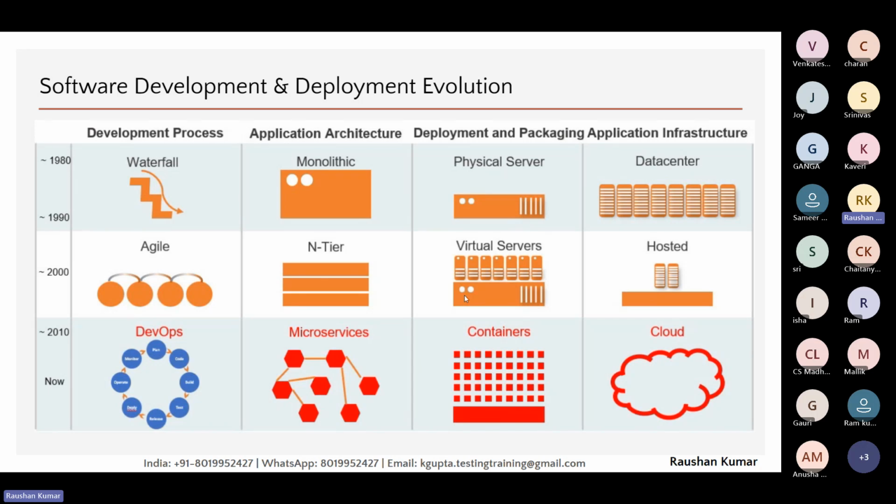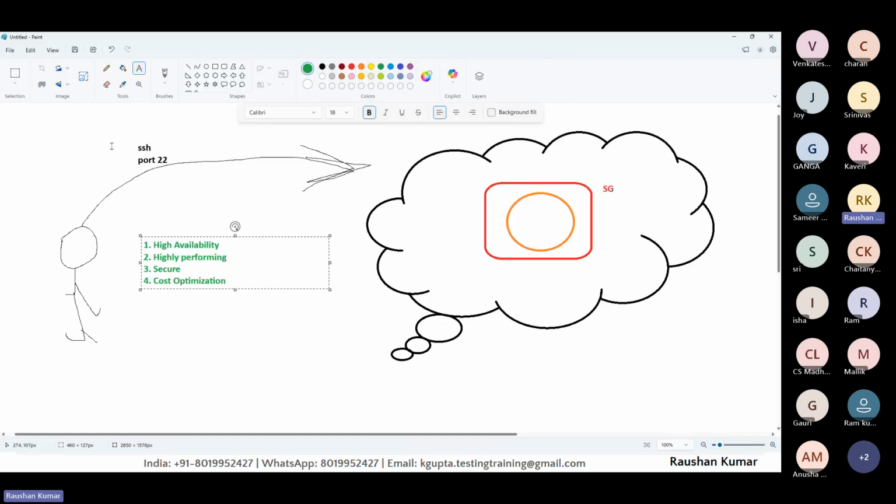Yes, Samir, we understand this, but she would not be able to understand that, right? So I'm trying to make her understand in a very simple way. Yes, cloud, absolutely right, Joy. But what is the service? Server, correct? We deploy the application in the server.